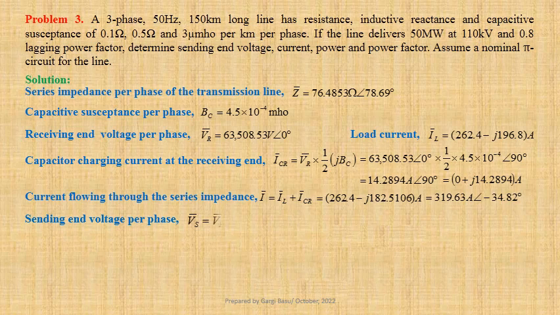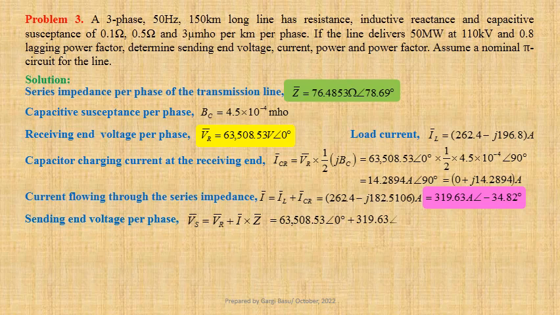Now we shall calculate sending end voltage per phase. Vs equals VR plus I into Z. Using values we get 63,508.53 at an angle 0 degree plus 319.63 at an angle minus 34.82 degree into 76.4853 at an angle 78.69 degree.